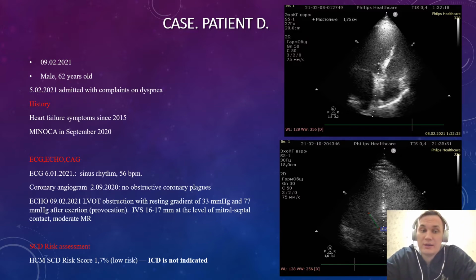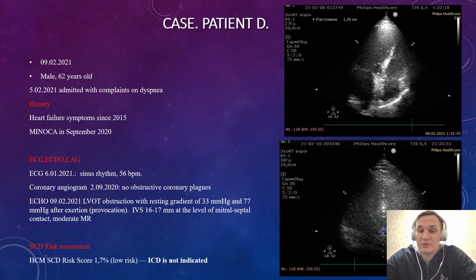The IVS, interventricular septum, in the basal segments was 16 to 70 millimeters depending on the projection. Parasternal was 16, and 17 was in the 5-chamber view at the level of mitral septal contact.